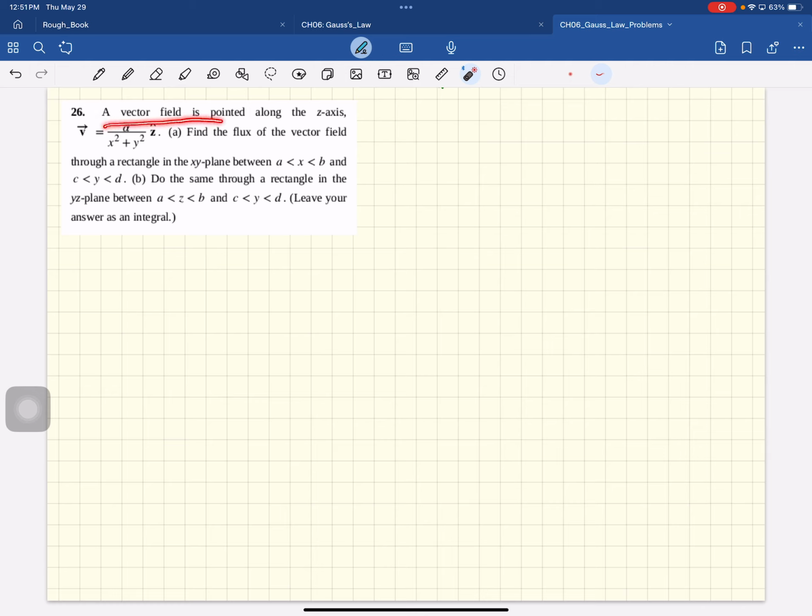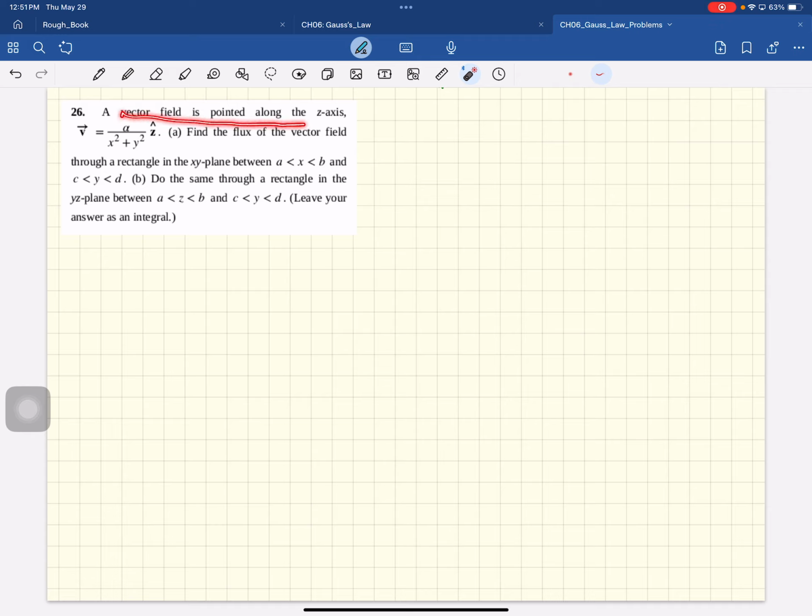A vector field is pointed along the z-axis. What do you mean by a vector field? It's like a bunch of vectors. Could be an electric field, could be a river, which is a vector field. Right, exactly. Think of a wheat field, there's a wheat plant everywhere, just like that, there's a vector everywhere, okay?